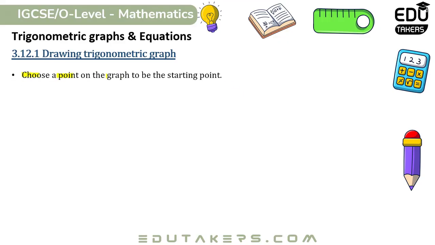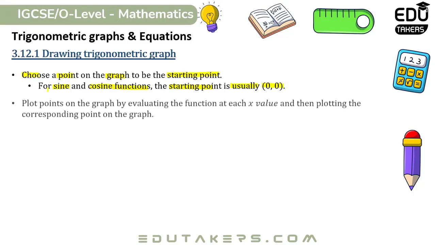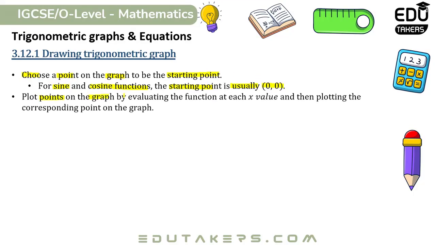Choose a point on the graph to be the starting point. For sine and cosine functions, the starting point is usually (0, 0). Plot points on the graph by evaluating the function at each x value and then plotting the corresponding point on the graph.